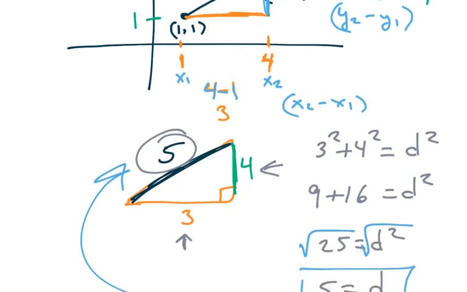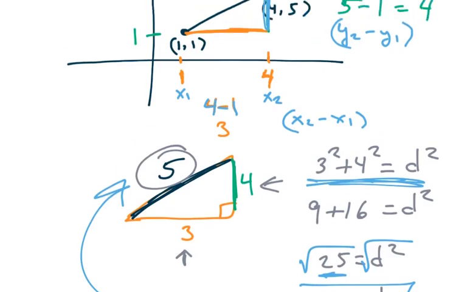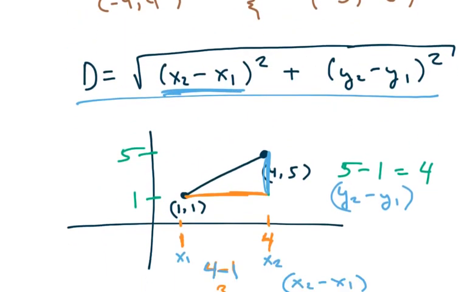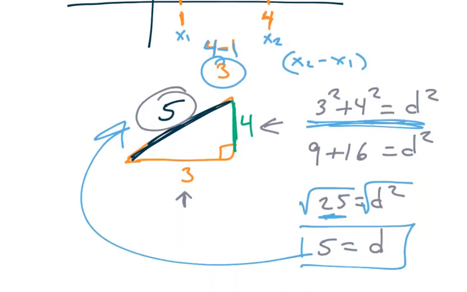So when you did Pythagorean theorem here, and you ended up taking the square root, what did you really do? Well, what you really did was you took x2 minus x1, which was 3, you squared it, and then you added y2 minus y1 squared, which is 4, right? And then took the square root of it, and that's how you got your 5.